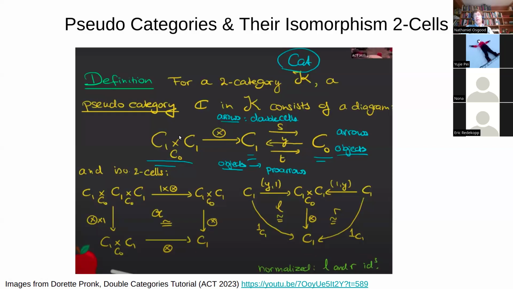And similarly, this isn't guaranteed to be unital on the nose. So in other words, if you have the unit pro arrow here, and you compose it with another pro arrow that's end to end with it, it doesn't necessarily give exactly that other pro arrow, but it gives something isomorphic to it.